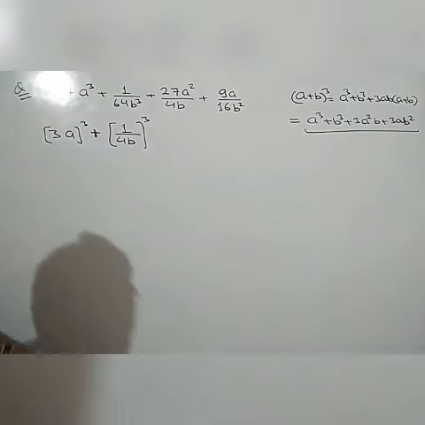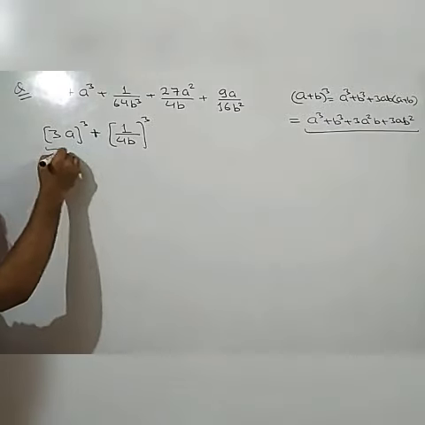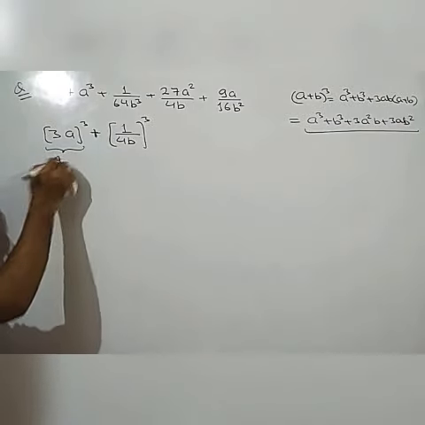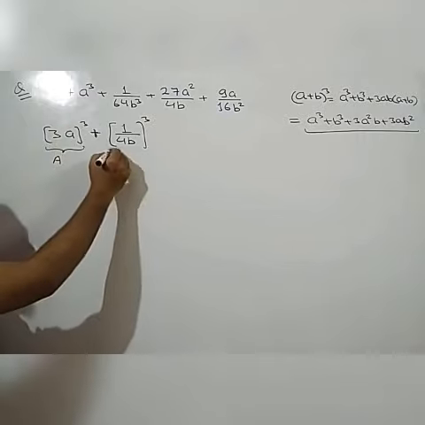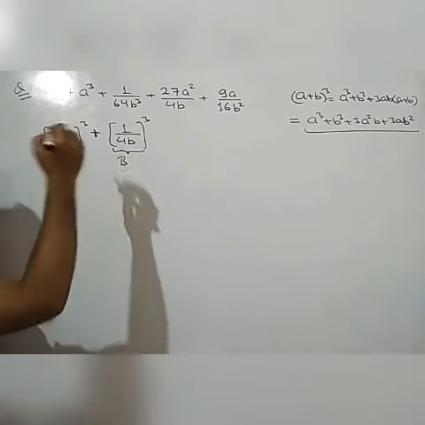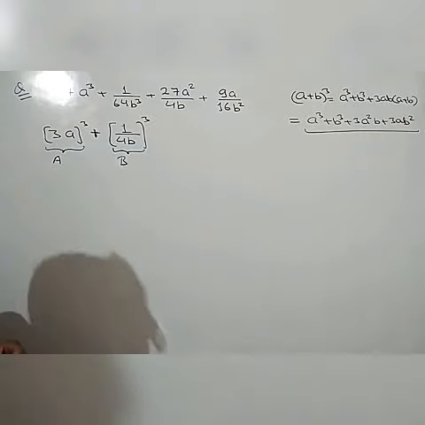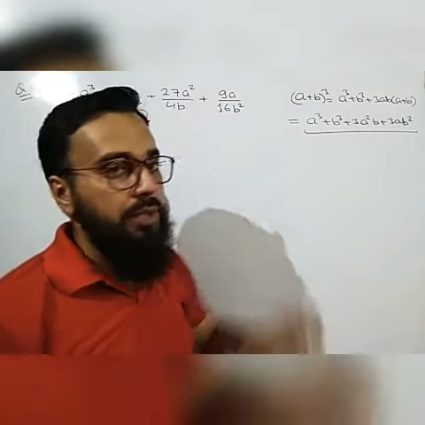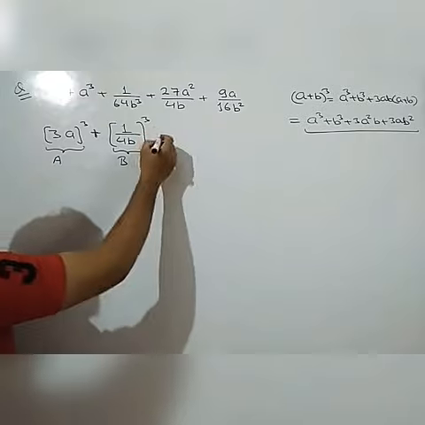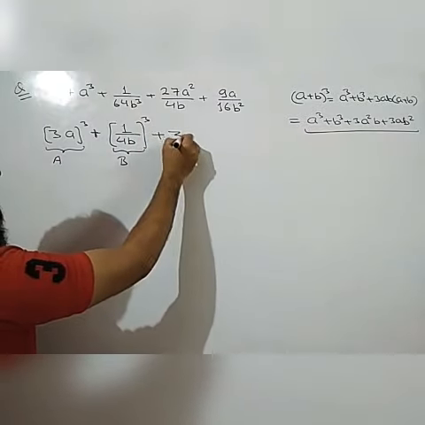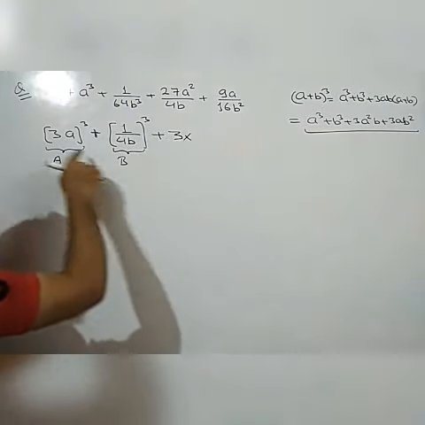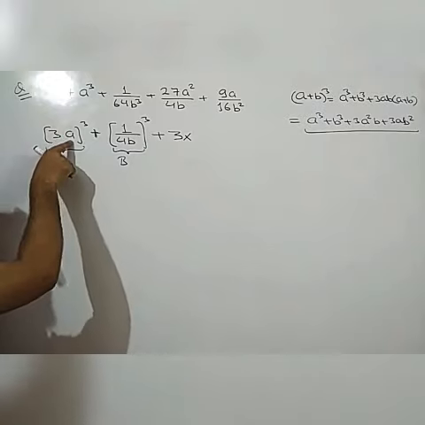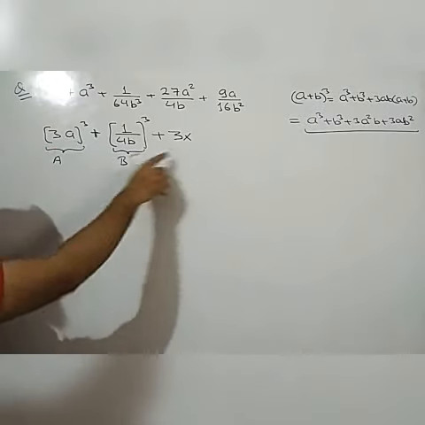Okay. Now it means this particular term we can write as a, so this is a cube. This particular term we can write as b, so this is b cube. So what should be the third term? Third term should be 3a square b. So write the third term. It will be 3 into a square. What is the value of a here?